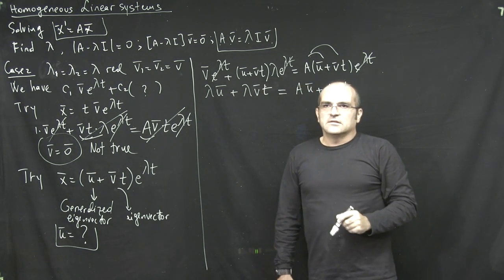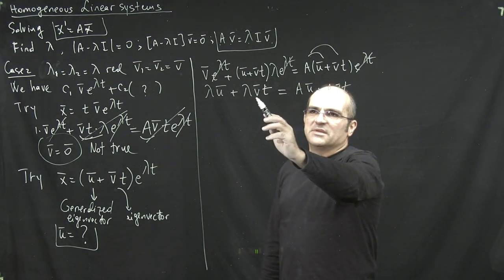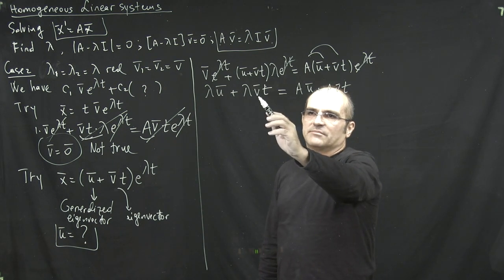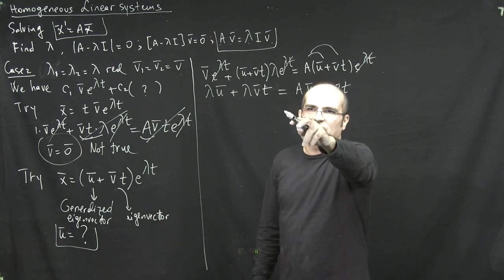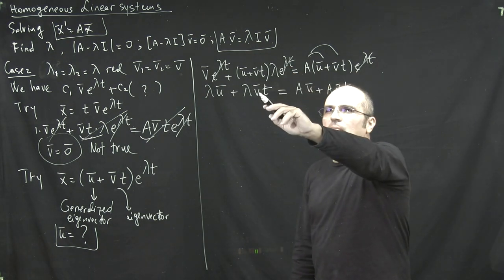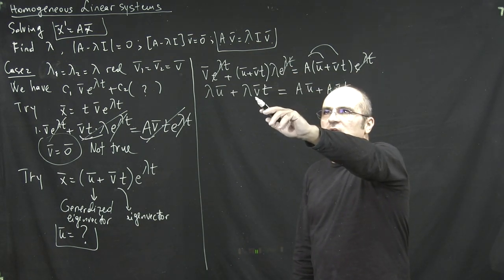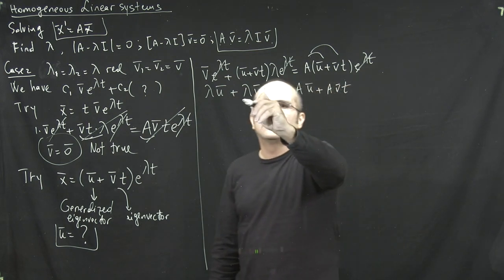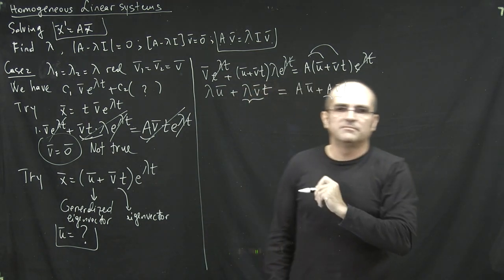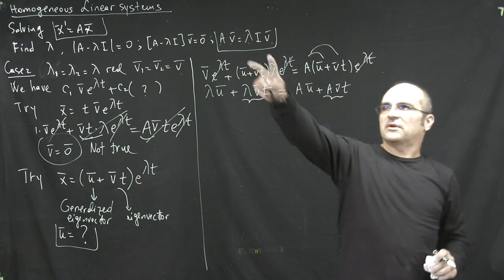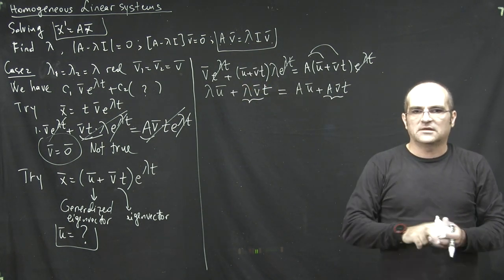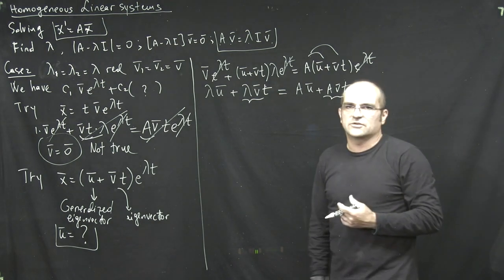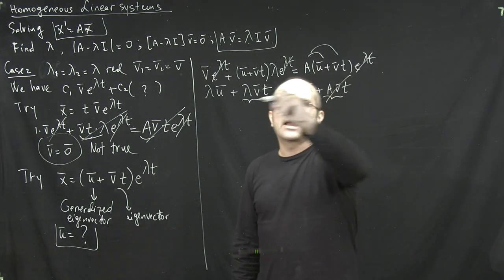And this, by the way, sometimes can be omitted, but this is also times the identity, actually. But we can drop this, because identity really plays the role of 1, if you think about it. And lambda v, remember, is equal to Av. That's a property of the fact that v and lambda are eigenvector and eigenvalue. So these two cancel, they are the same.